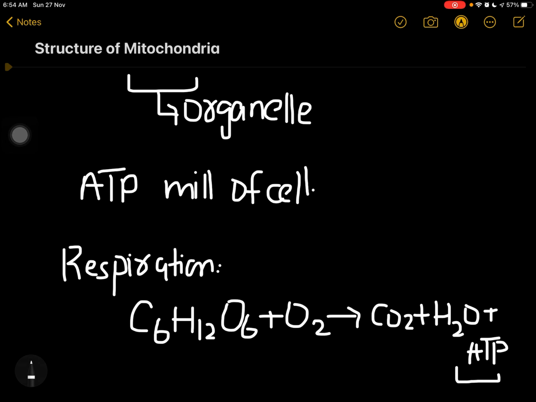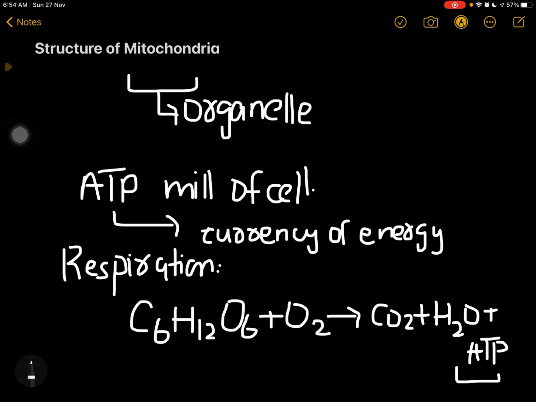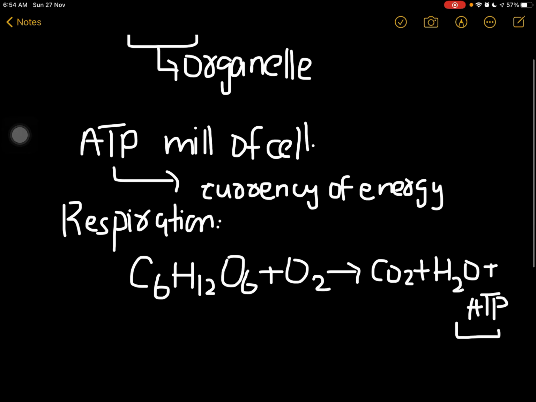And what is ATP? ATP is the energy currency. So this ATP is produced in mitochondria as a result of respiration. So that's why mitochondria is known as the ATP mill of the cell.